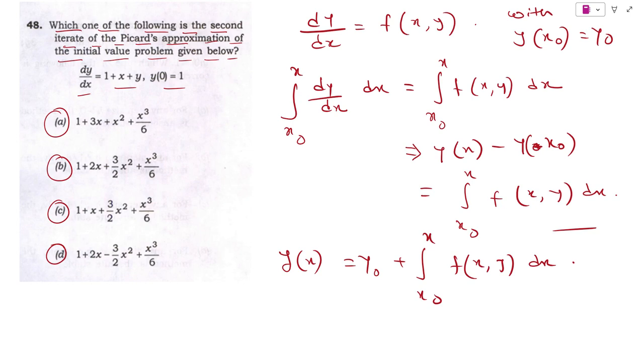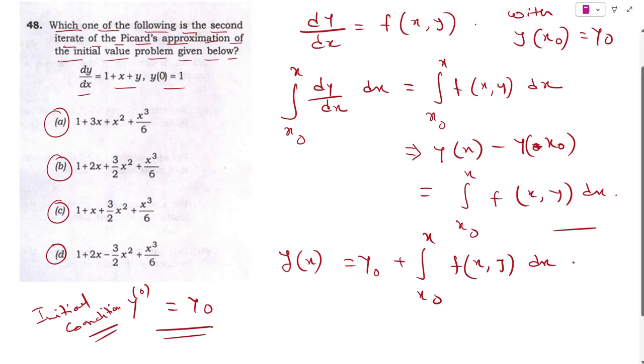Now, here lies the catch. We cannot evaluate the integral on the right because y inside f(x, y) is an unknown function of x. So Picard solved this using an iterative scheme, the successive approximations. We start with a wild guess, the initial condition y0, and plug it into the right hand side to get a better approximation.